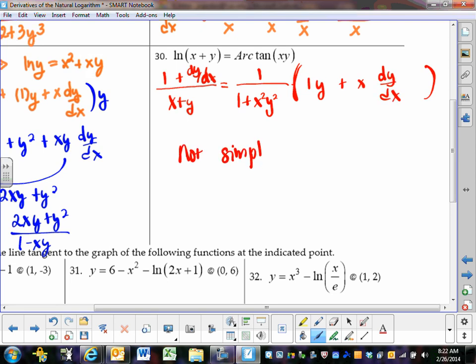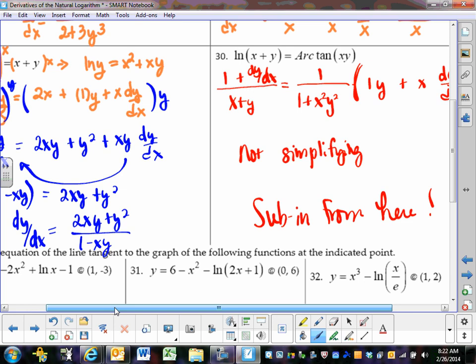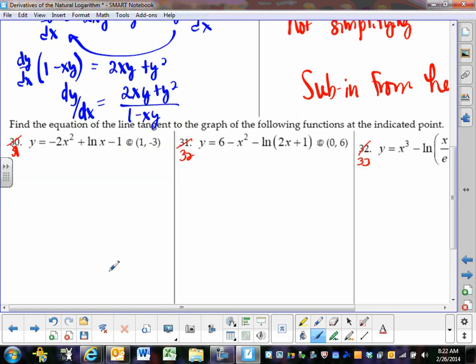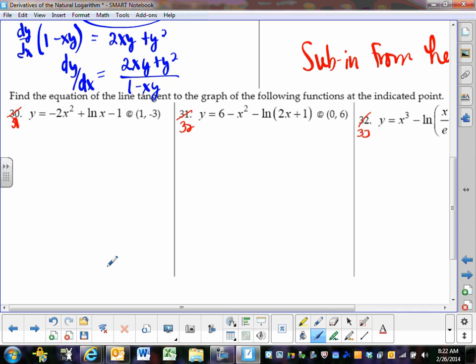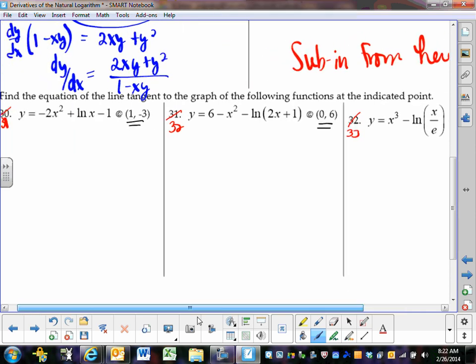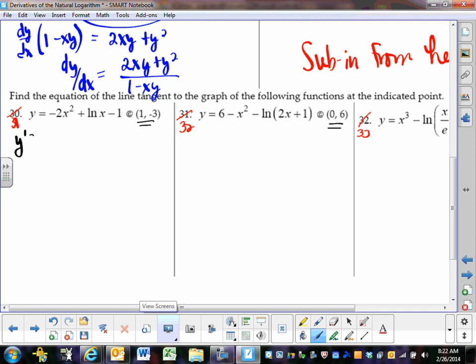So we'll now have dy dx equals 2xy plus y squared plus xy dy dx. I'm going to subtract this term over and factor out the dy. So there's one dy on the left, minus an xy dy that's coming over, leaves me with 2xy plus y squared. So my dy dx is equal to 2xy plus y squared all over 1 minus xy.